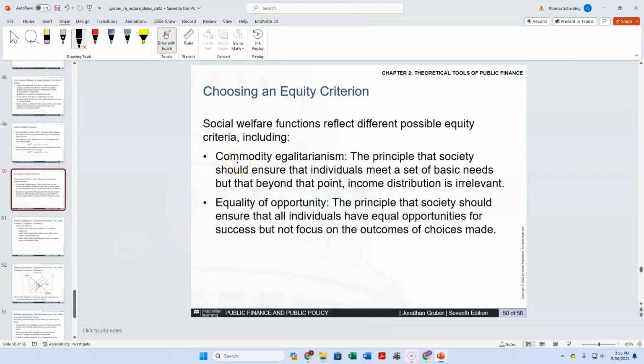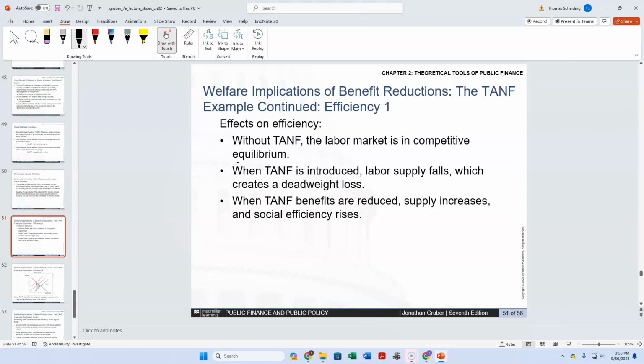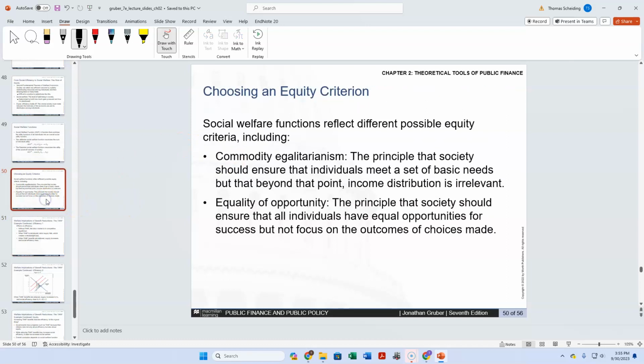Commodity egalitarianism would say that everyone has a right to health care, or everyone has a right to housing, or a college education. Those are the things you tend to hear from a Democrat, who is basically talking about commodity egalitarianism.